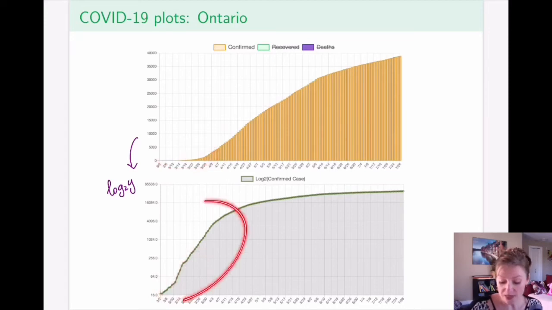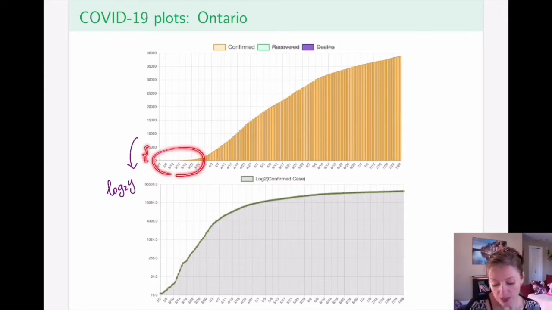So this allows us to see trends linear on a semi-log plots, which means exponential in real numbers, much earlier. The thing with small numbers here, right, because this is a big scale between 0 and 5,000. So when we say, let's say 100 cases versus 200 cases, the difference there was not very clearly seen on the graph. Whereas here, the difference between 100 cases and 200 cases would have been way more emphasized.